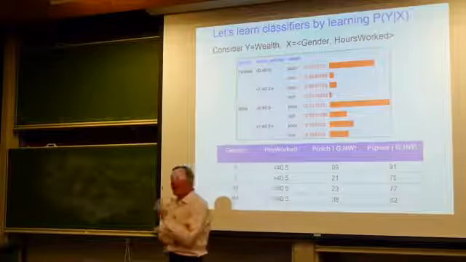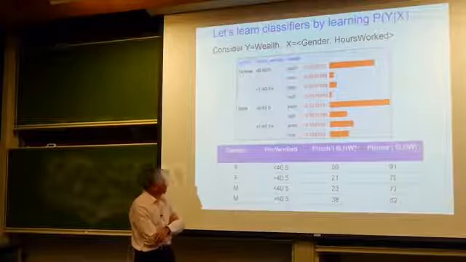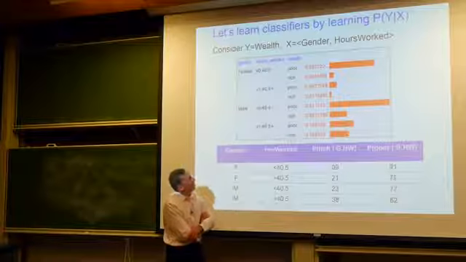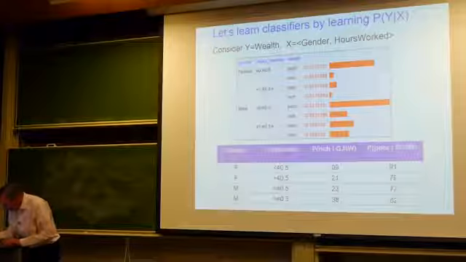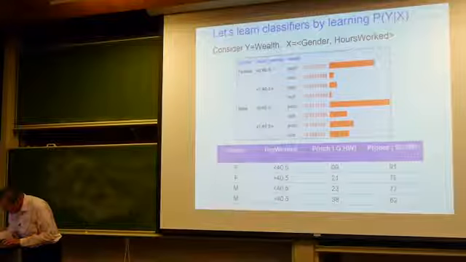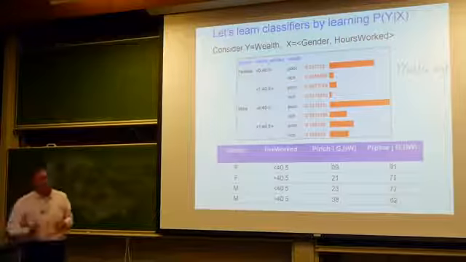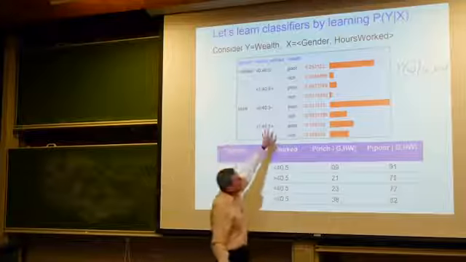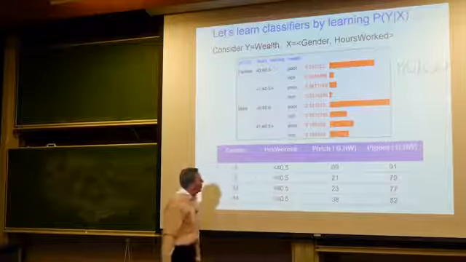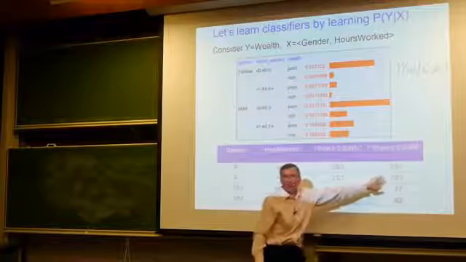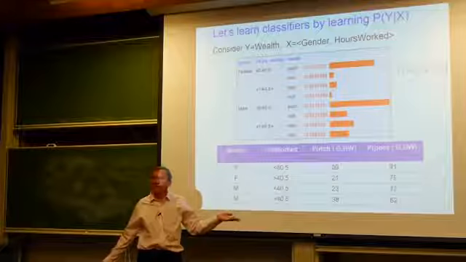Today I want to talk about, well, if we're trying to learn some function or some probability distribution, let's say we're interested in learning the probability distribution for wealth given gender and hours worked, then, well, we could estimate the whole joint distribution, of course, and then calculate this from it. Or we could try to estimate just the conditional distribution directly and forget about estimating the joint distribution, right?